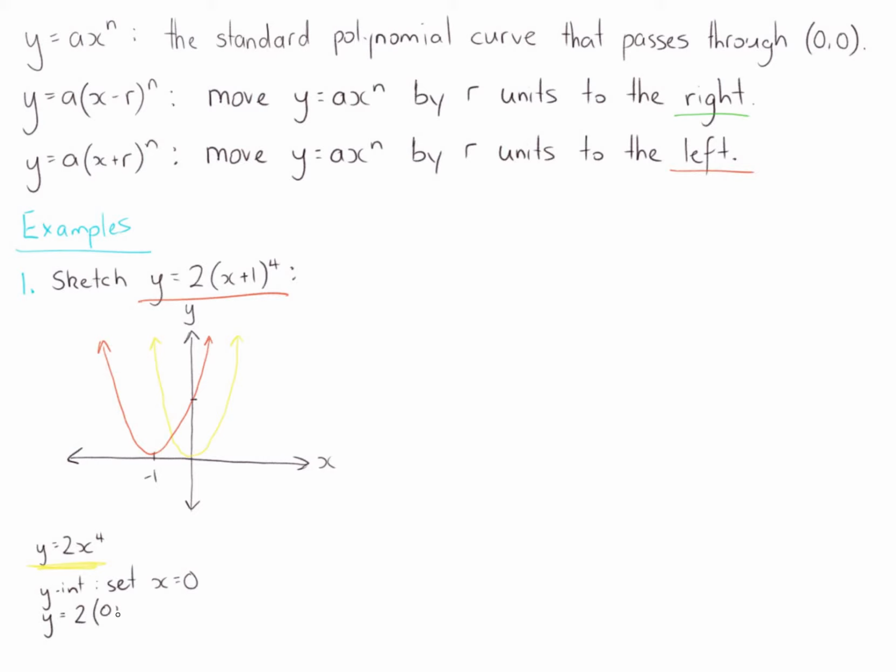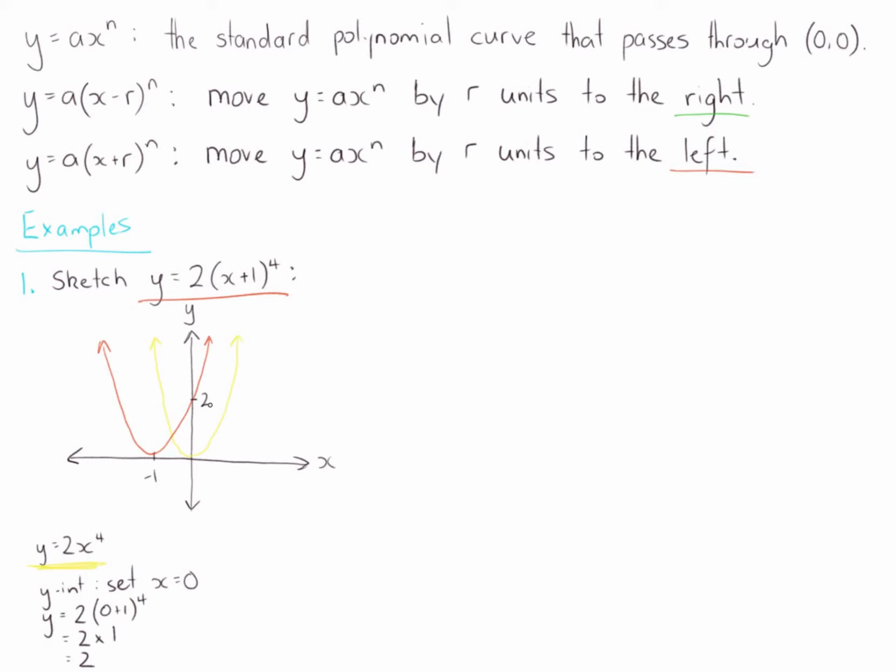We'll make that 0 plus 1 to the 4th power. 0 plus 1 is just 1, and 1 to the 4th power is 1. So 2 times 1 gives us 2. So this value here is 2. And so that red curve is our sketch.